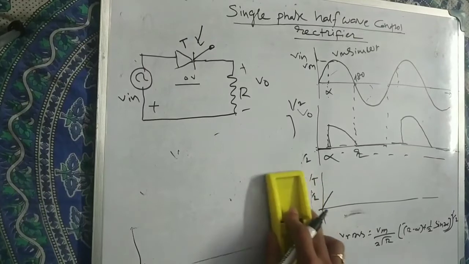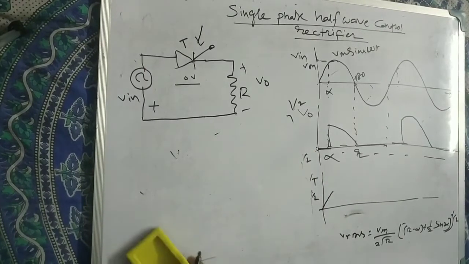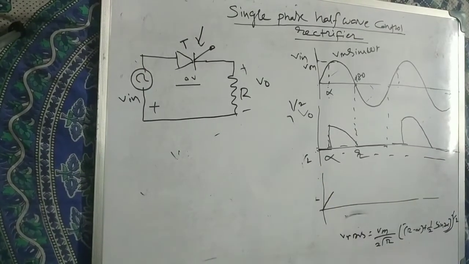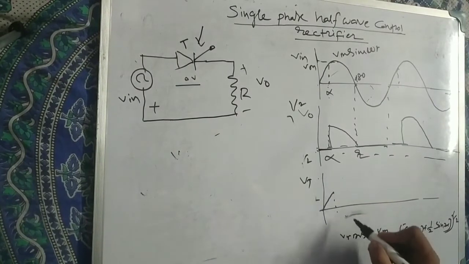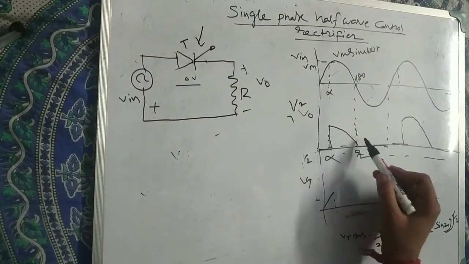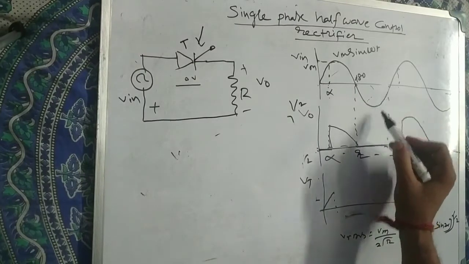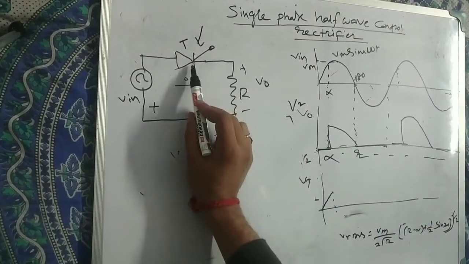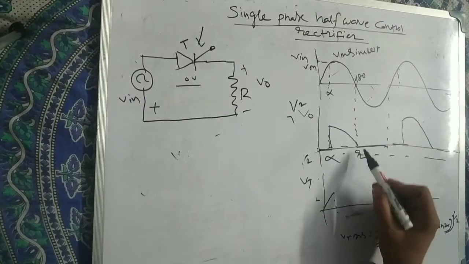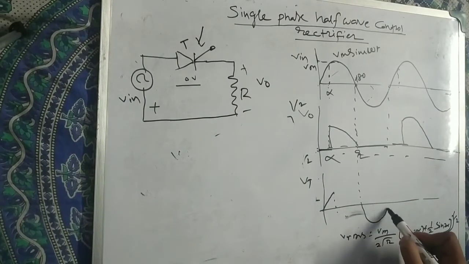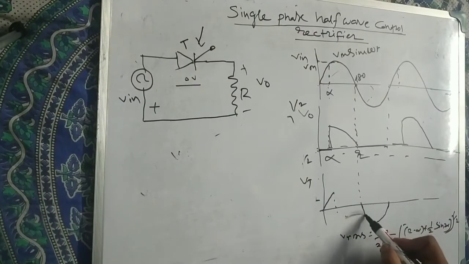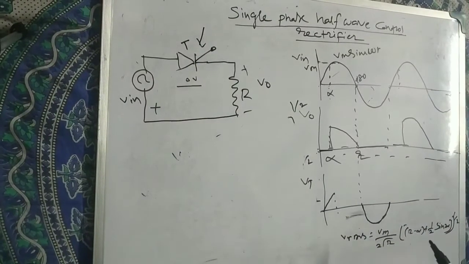Now, I did not draw the thyristor voltage Vt, because what will Vt be? Whenever the negative voltage does not turn off this SCR, the SCR will act as an open circuit and the full input voltage will come across the SCR.